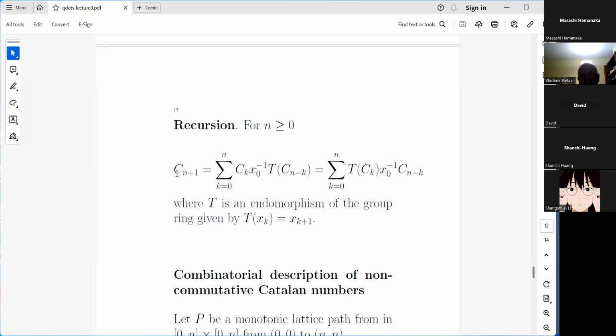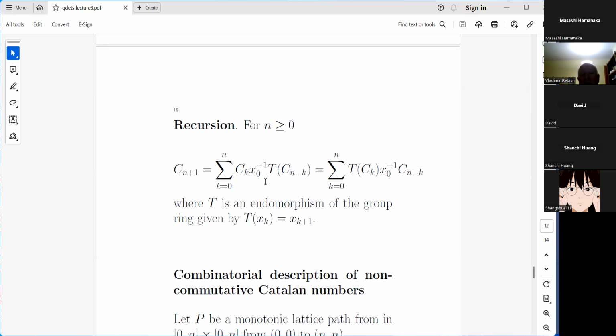Then I have this: C(n+1) equals just this sum, which is the sum of Ck x0 inverse t^k.